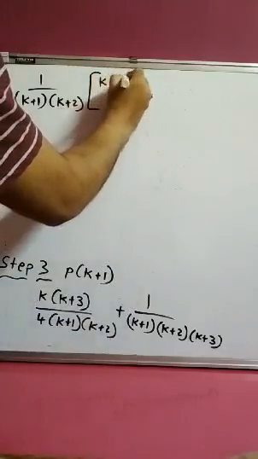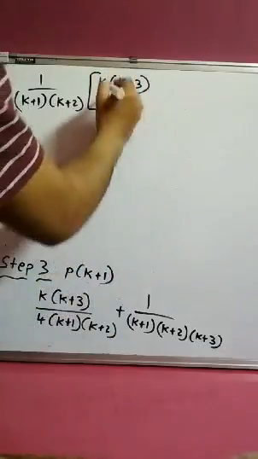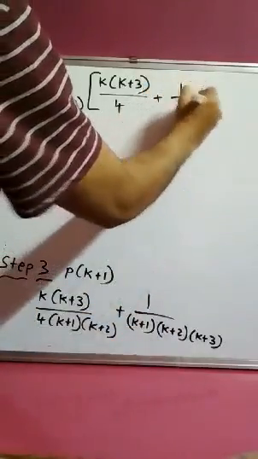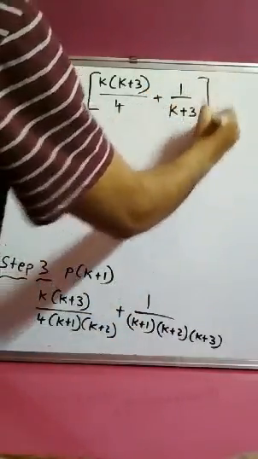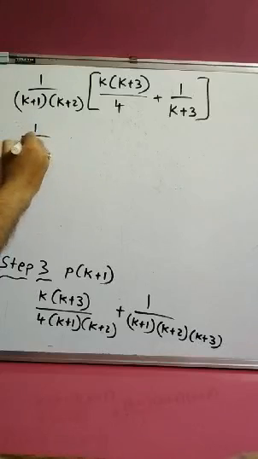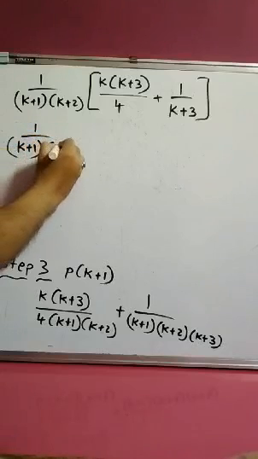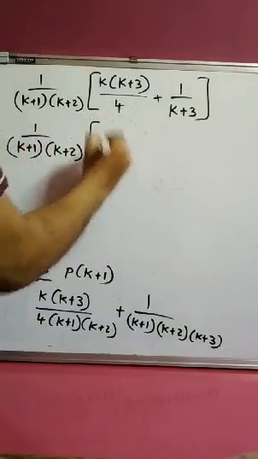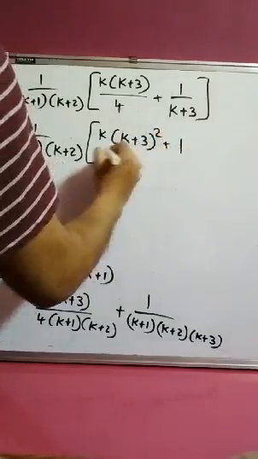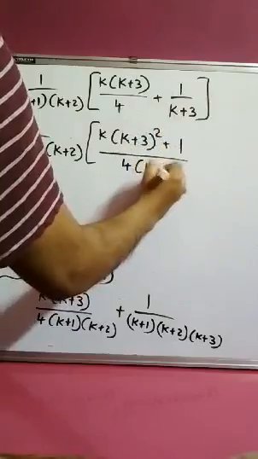So k into (k plus 3) whole divided by 4, plus 1 upon (k plus 3). Okay, from this I have taken 1 upon (k plus 1)(k plus 2) common. So 1 upon (k plus 1) into (k plus 2) times [k into (k plus 3) whole square plus 1 into 4] upon 4 into (k plus 3).